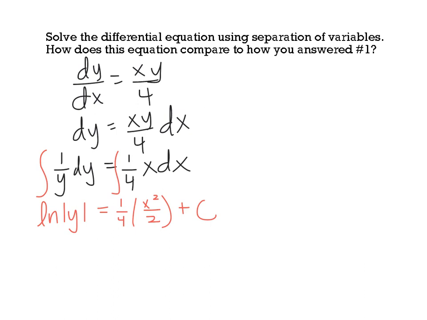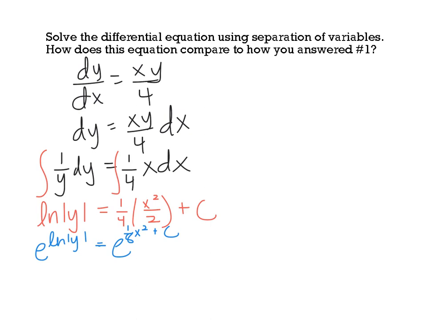Next, we need to solve for y. So we get e to the ln of y equals e to the, let's see, that ends up being 1/8 x squared plus c.